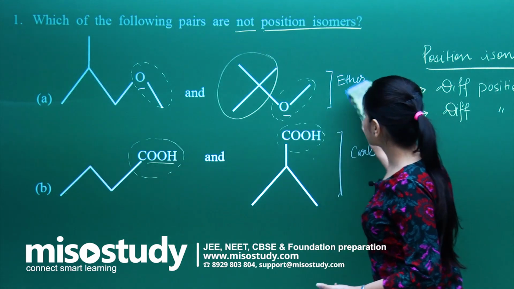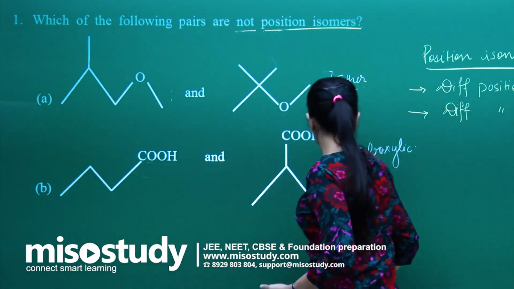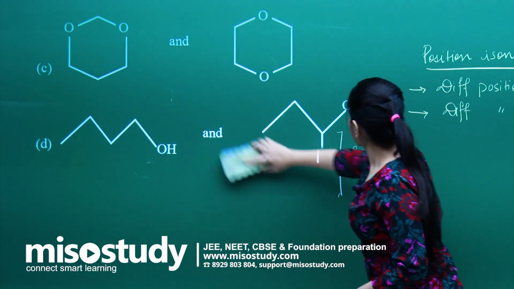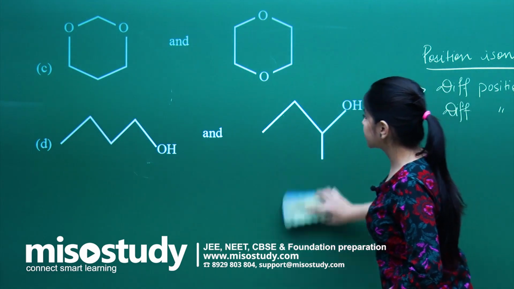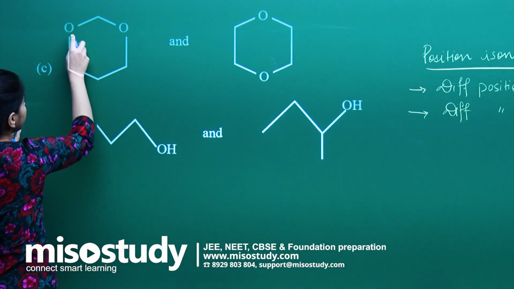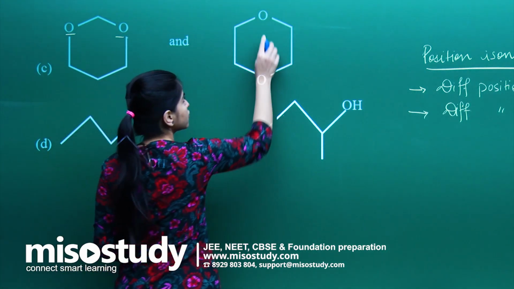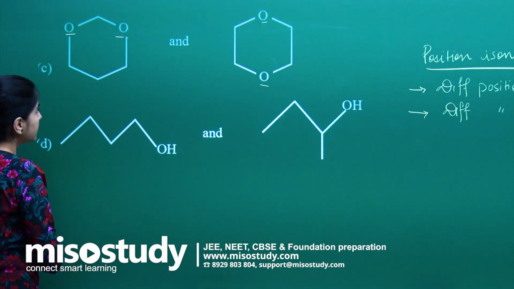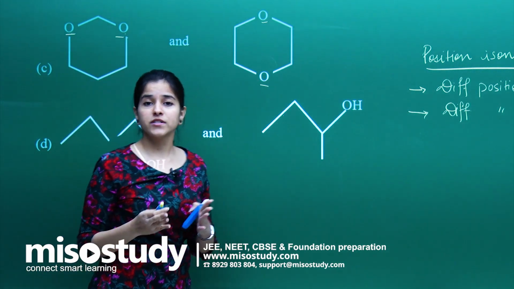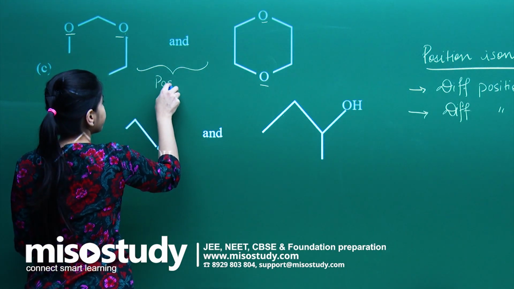Now, if I move on to the next two options, the first option over here, that is the C, is having again two O functional groups. So, the position of the functional groups is again changed, showing what? Position isomer. So, that is also position isomer.